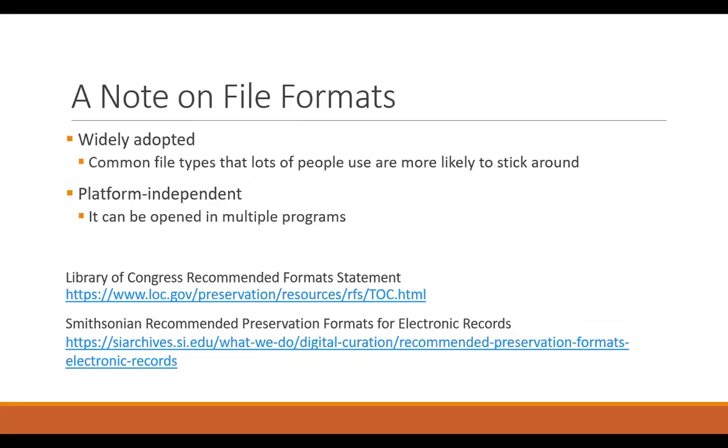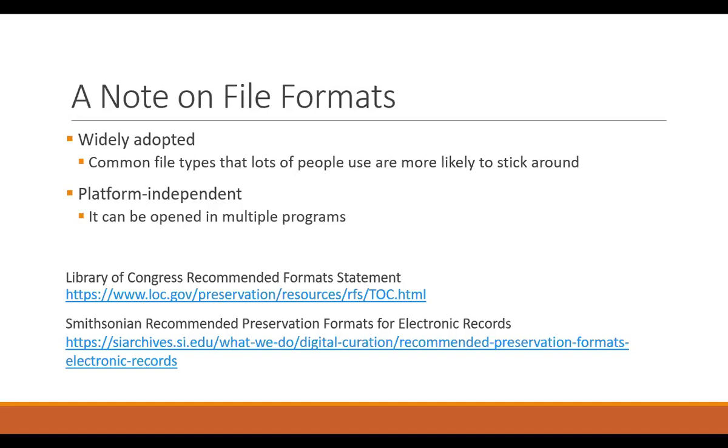So just to clarify a little bit more about these considerations for file formats, you want to prioritize formats that are widely adopted. The idea is that file types that lots of people use are more likely to stick around and not become obsolete. More specialized formats and file types are at a higher risk.